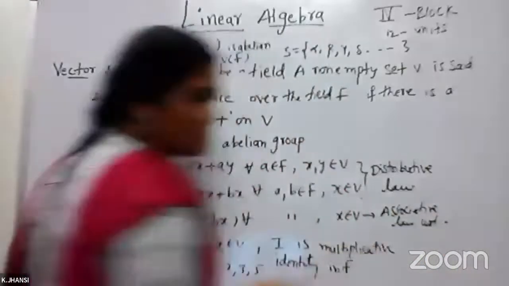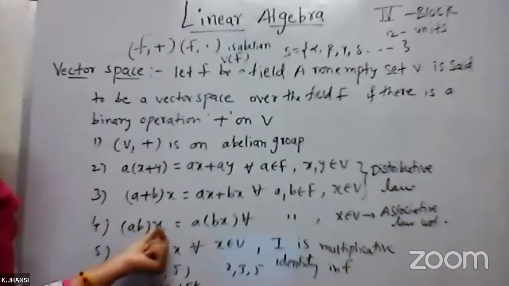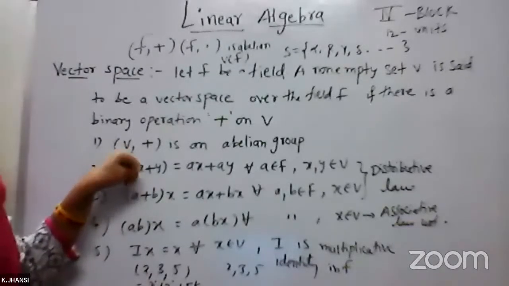This is the associative law with respect to multiplication. Okay, ab into x is equal to a, you have taken outside, bx. So this is the associative law. These two are the distributive laws. This is the abelian group.